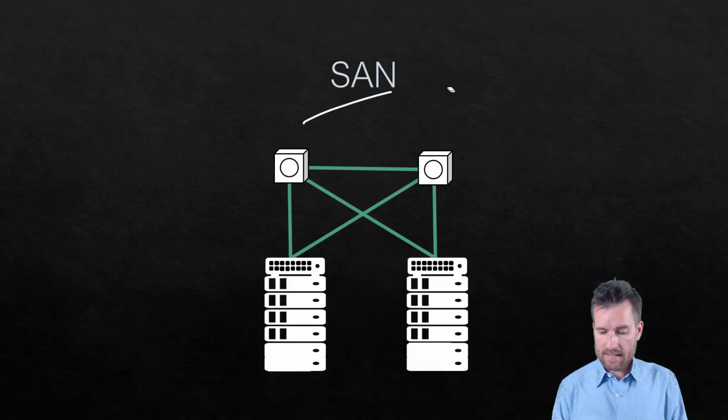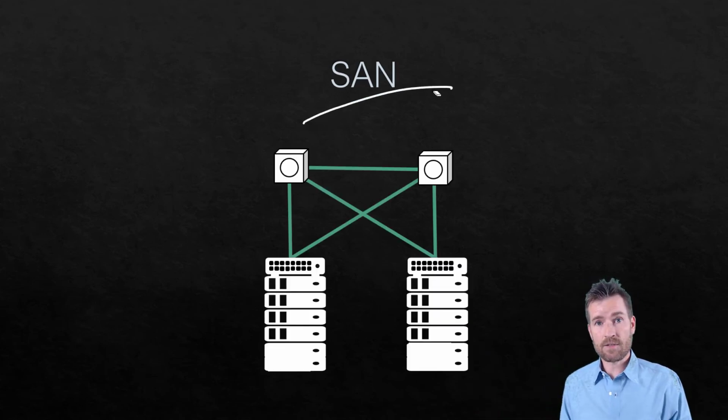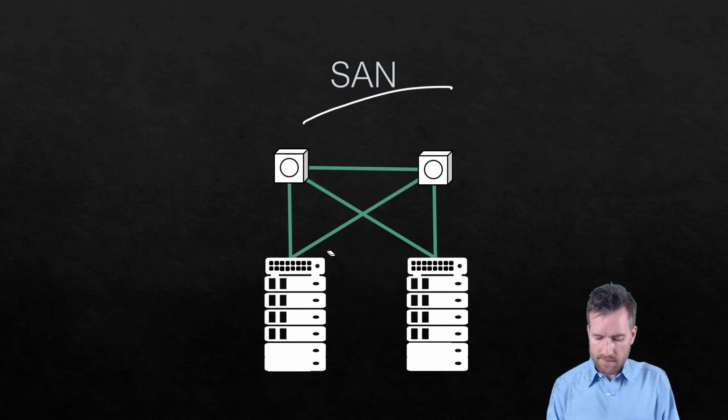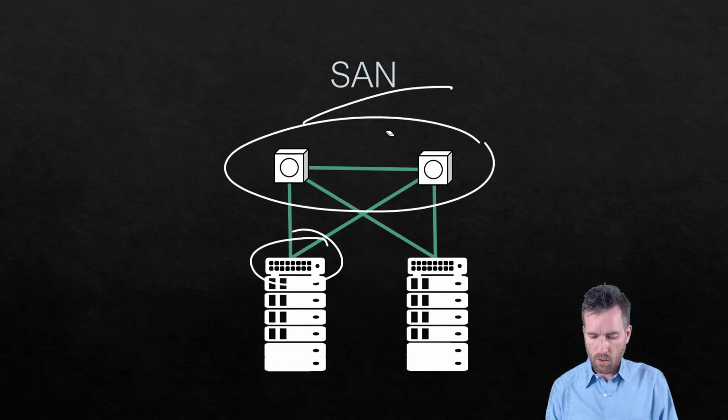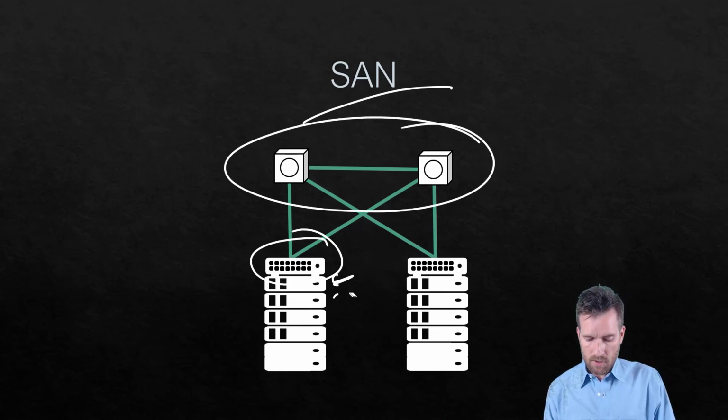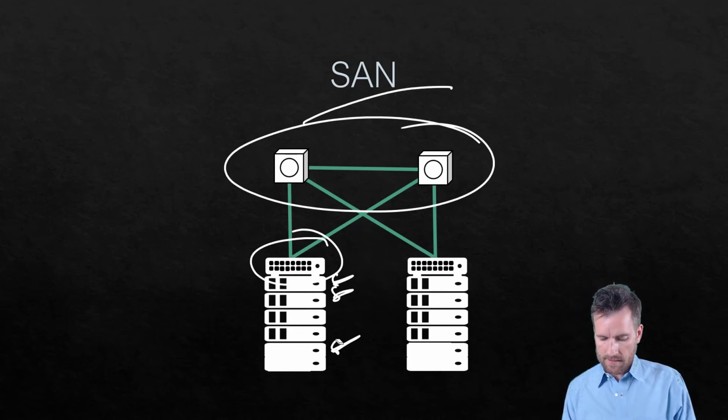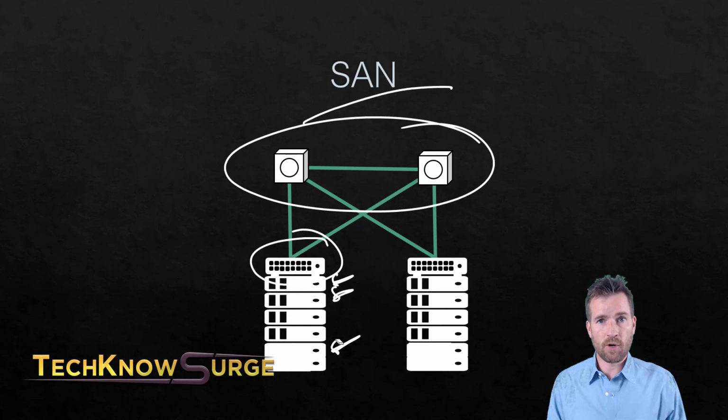Then we have SAN. SAN is storage area network. I brought back our diagram of the spine leaf, or top of rack. Remember, we had the top of rack switches on here. We have the core distribution. We have some servers that are running on these racks. But we also have this storage, or a storage area network.